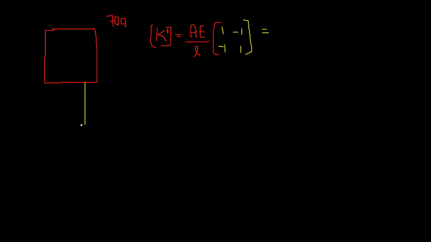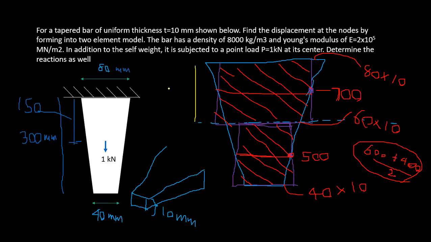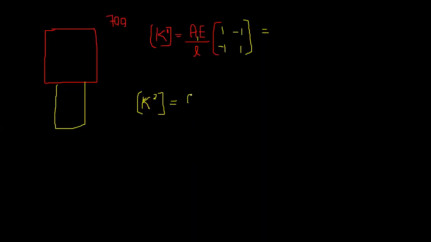For the second element, K2, this is A2, E is the same, L is the same, because the lengths are the same, 150 and 150. Doesn't matter if you substitute or not. So this is A2 E over L.